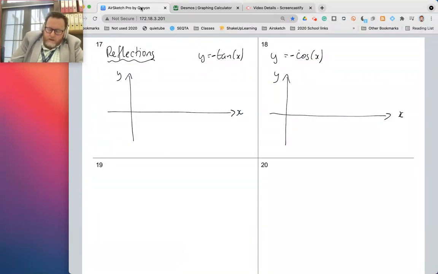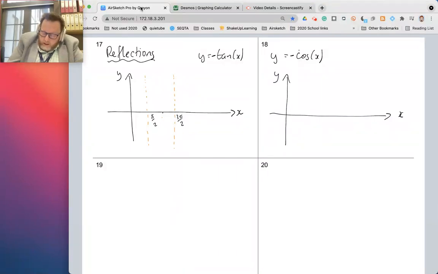So if I was graphing this, I know that it's basically the same points and everything. It's just a matter of drawing it upside down effectively. So there's my first one, which is pi on 2. I'm just drawing in my asymptotes. Then I'm going to have pi here for the middle, and then I'm going to have another asymptote, which is pi length along, so that's 3 pi on 2.